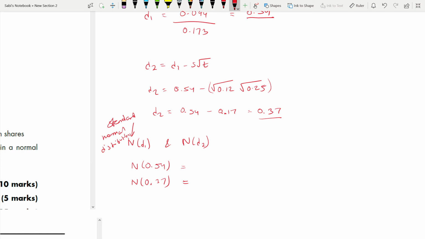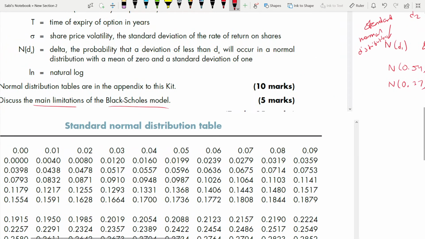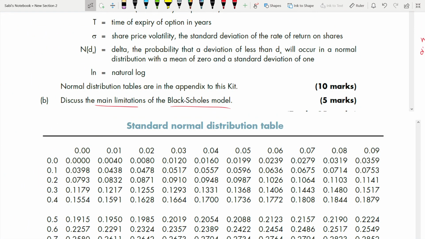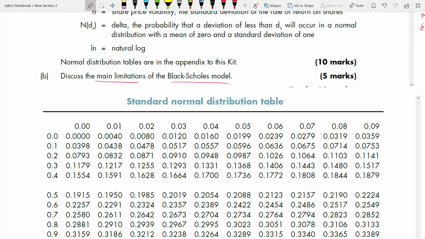So for 0.54, I also have this table. This is how you have to do it.